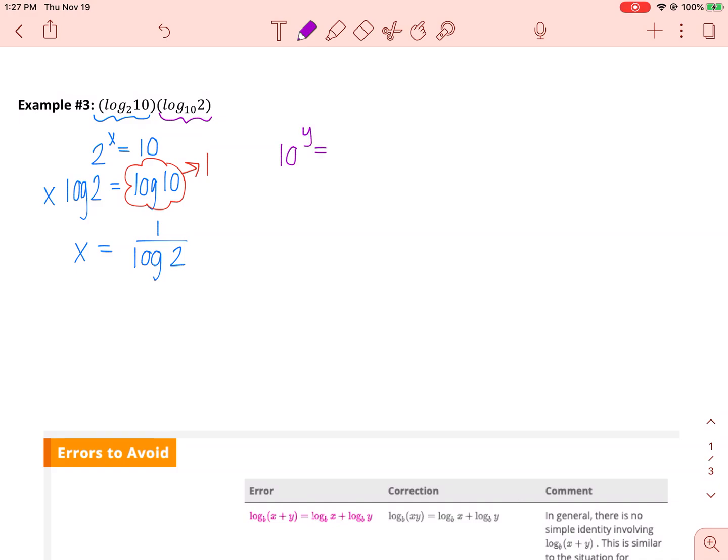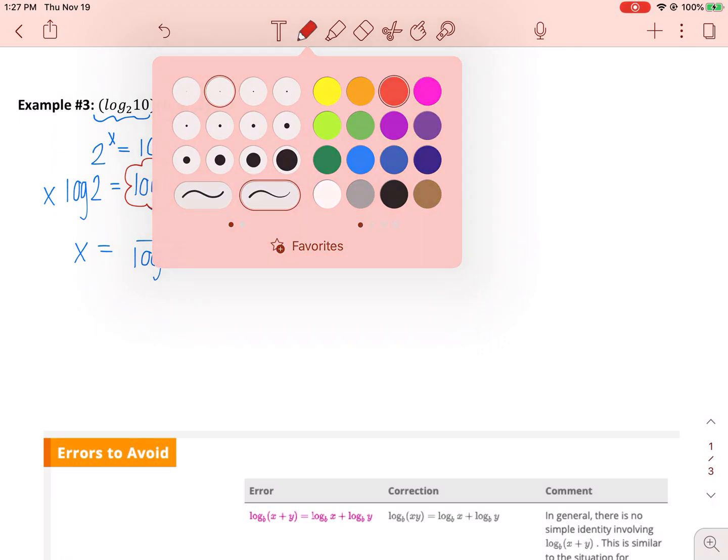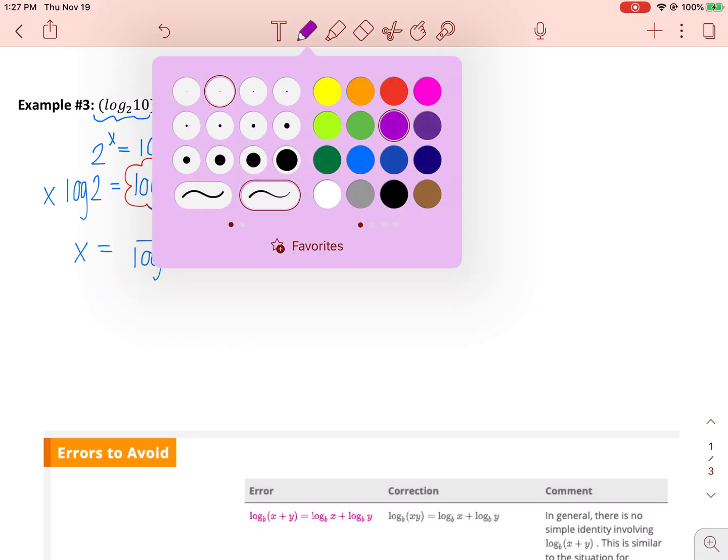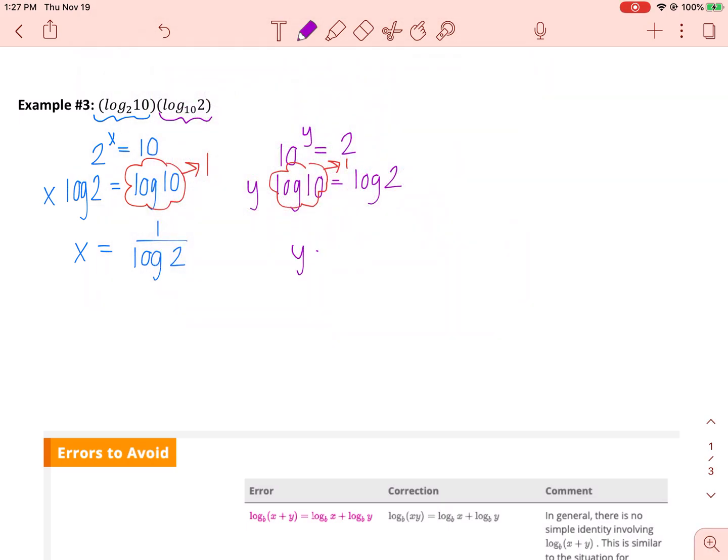I'm just changing the letters so we don't get confused. It would equal 2. I'm going to still apply the log to both sides in order to get that exponent in front. Again, a log of 10. We love those because they cancel to 1. And in this case, you have y equals log of 2.